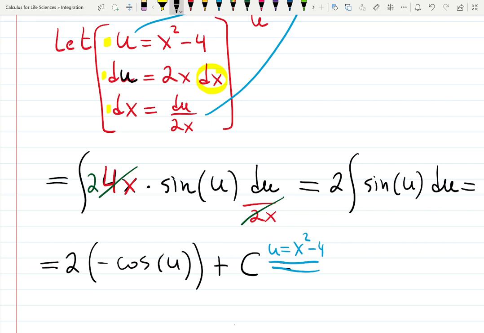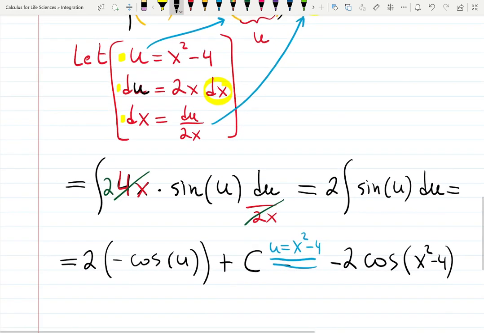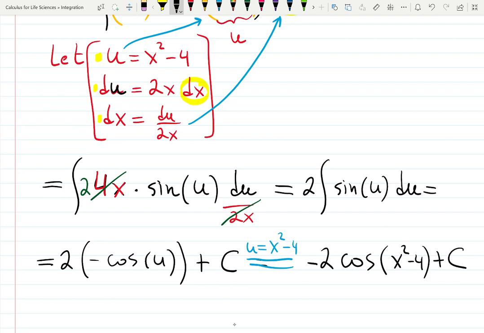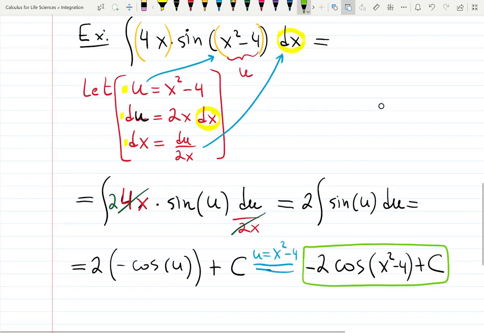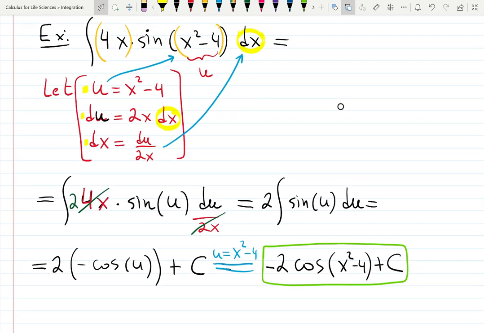Your u is x squared minus 4, which is a quadratic function inside of the cosine now: x squared minus 4 plus c. So you can now say that the result of the integration, which for example is the area of the bacteria growth of the 4x sine of x squared minus 4, is this function. Now it's a cosine with still a quadratic function inside, but multiplied by minus 2.